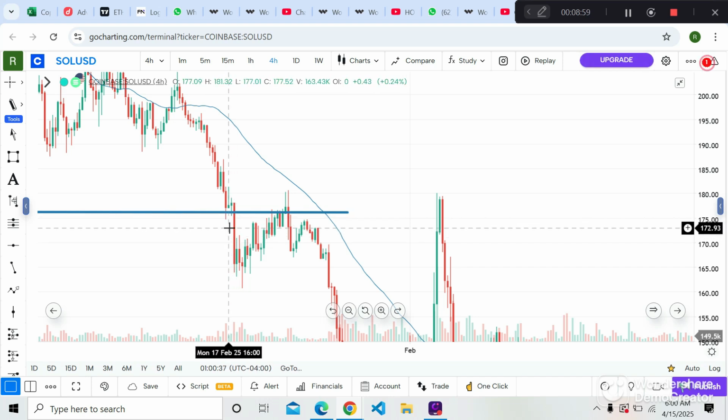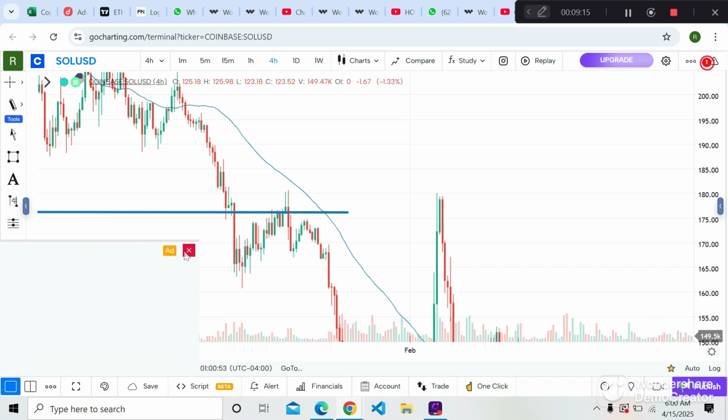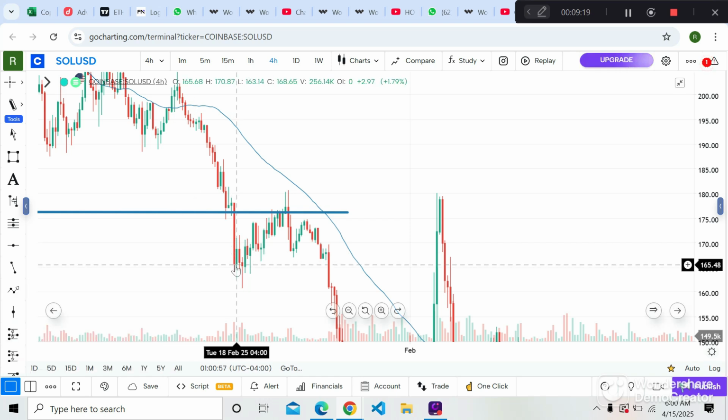And then the breakout timing. You understand? We talked about the breakout happening during the New York session or London session, but preferably the New York session. Although what we have here is UTC-4, which is the New York time.